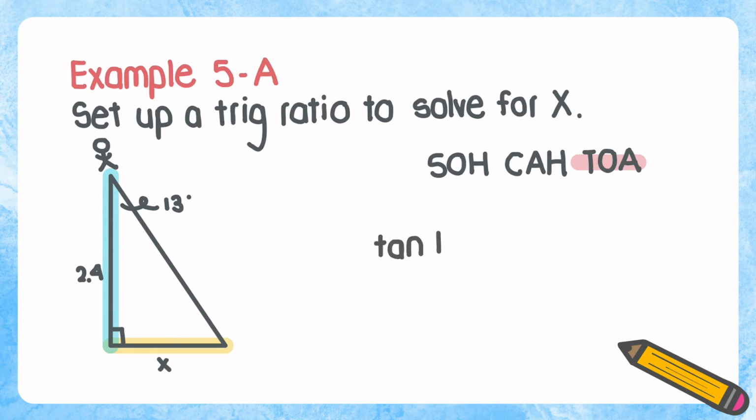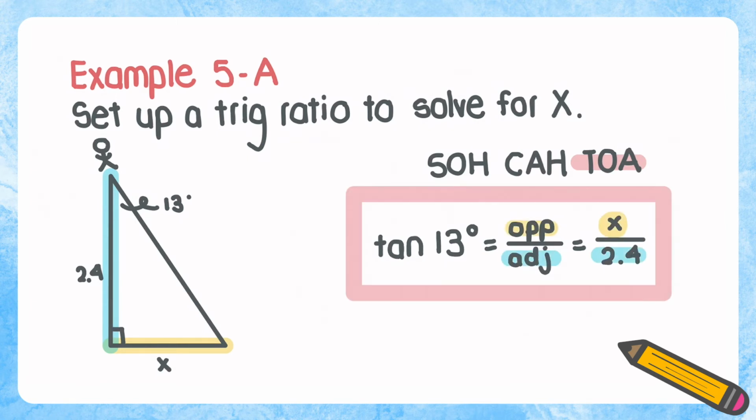The tangent of 13 degrees equals the opposite side over the adjacent side. And that's x over 2.4 for this triangle. So here we have a trig ratio using the tangent function.